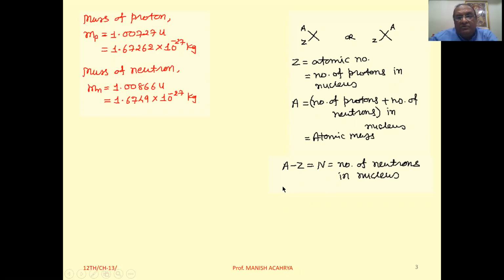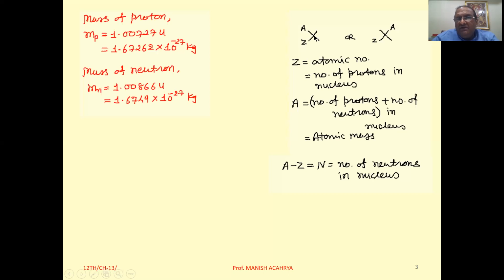Now, how is the nucleus of any element represented symbolically? See here, this X is the symbol of the element as per the periodic table.